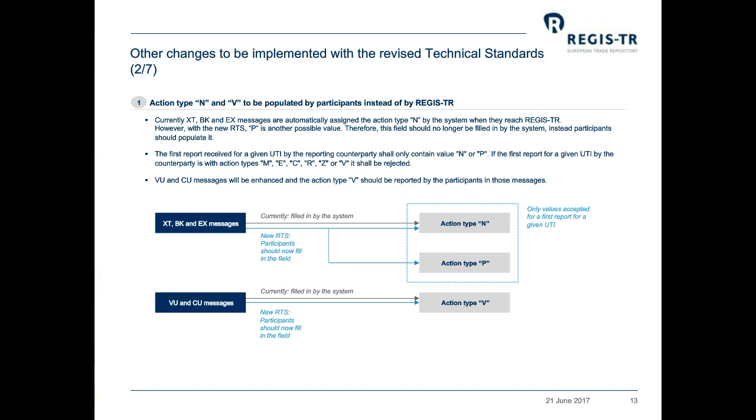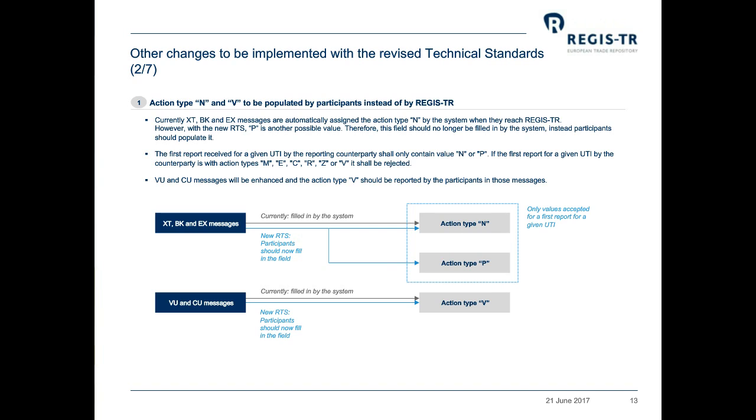For the delegating entity, the RP2, now they can amend its own counterparty data, but in the future they will not be able to amend their own counterparty data. They will only be able to send the modification with action type V. Regarding the termination messages, TT and TE messages, as well as the collateral and valuation messages, there are not going to be any changes.